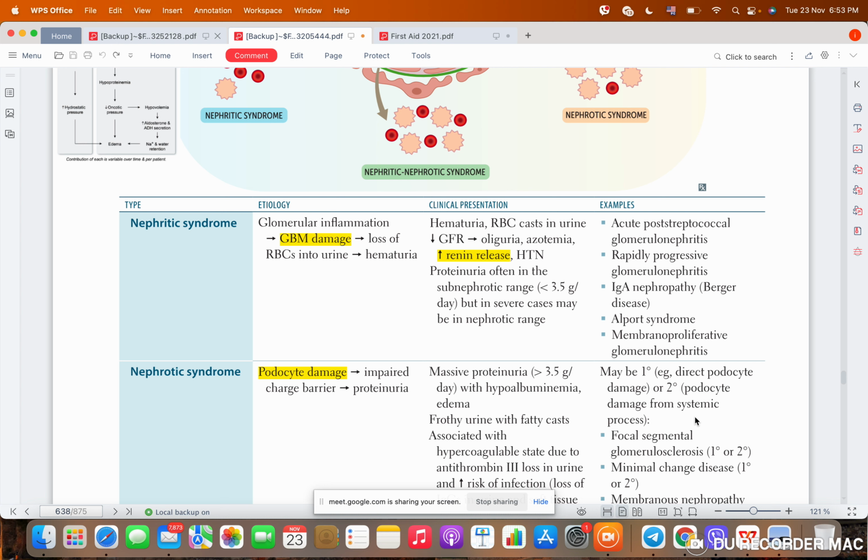It was a form of... Remember IgA nephropathy, Henoch-Schönlein purpura. Yep. It's a form of vasculitis, and they had a really characteristic skin finding.